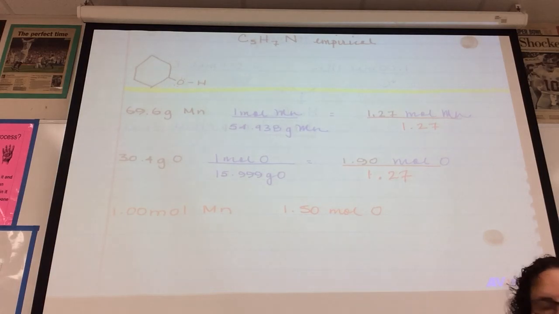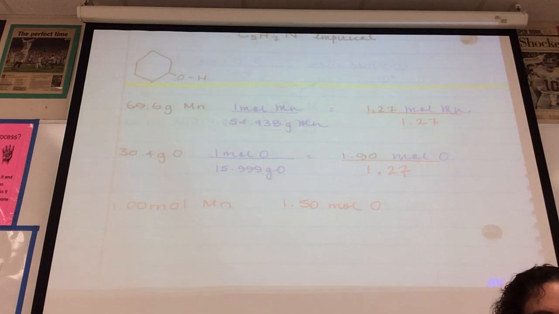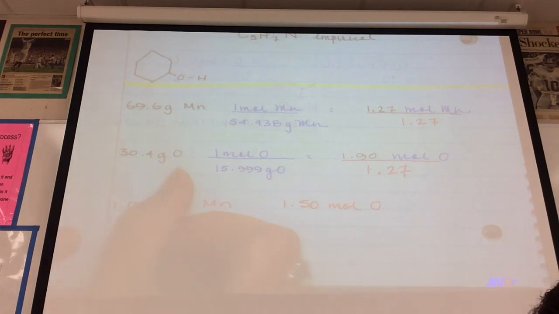So this is the first time we didn't get whole numbers out, but we're not going to panic because we know what to do. We have to multiply both of them by the smallest whole number that will make both of them whole numbers. I focus on 0.5 and I recognize that as what fraction? A half. So I'm going to multiply both of these by 2.